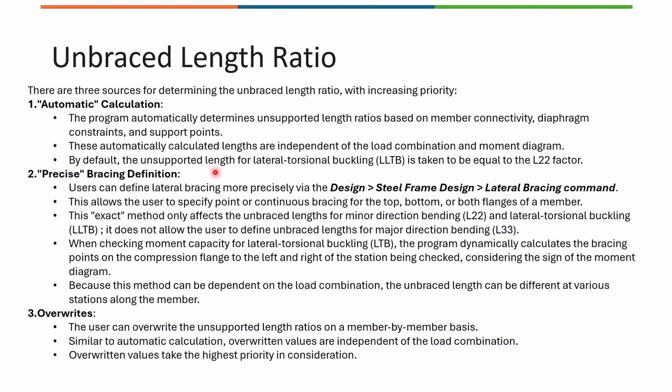Then the program can recognize those bracing points. And then you also have the overwrites. You can directly overwrite unsupported length ratios on a member by member basis. So all three are possible, and you can utilize the one that suits your requirement.